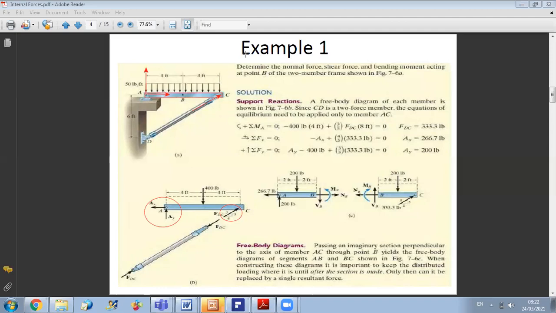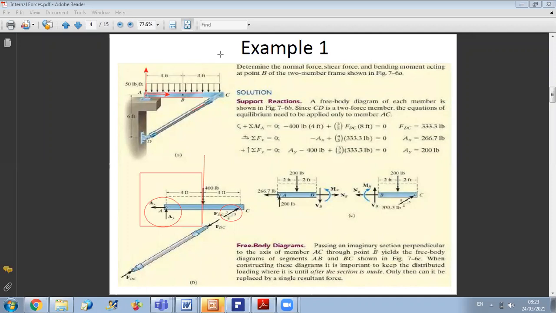So what you can say is, if I do a cut at B, what do I need to find the forces at B? I should know the value of AX, AY or of FDC, because when I do a cut, I will just take one part. If you select to work on the left part of the beam, then you only need AX, AY.